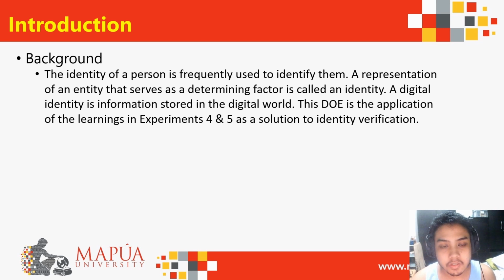So, our identity is very important, especially in those parts. A representation of an entity that serves as a determining factor is called identity. A digital identity is information stored in the digital world, and this DOE is the application of the learnings in experiments 4 and 5 as a solution to identity verification.